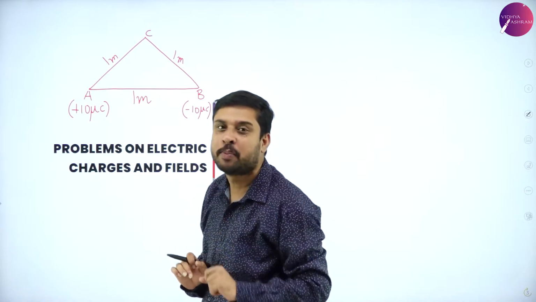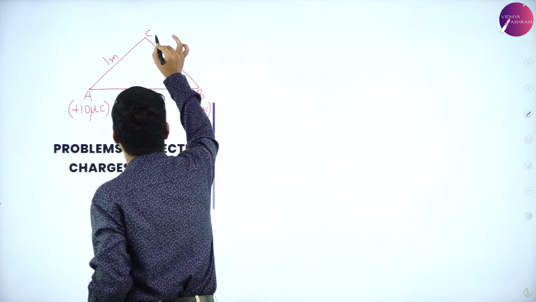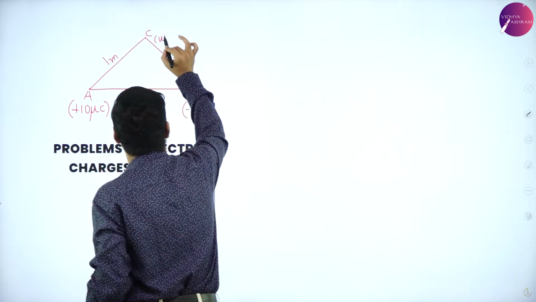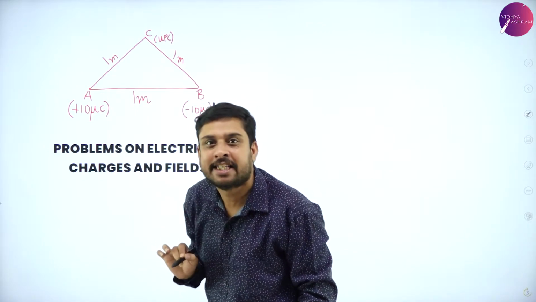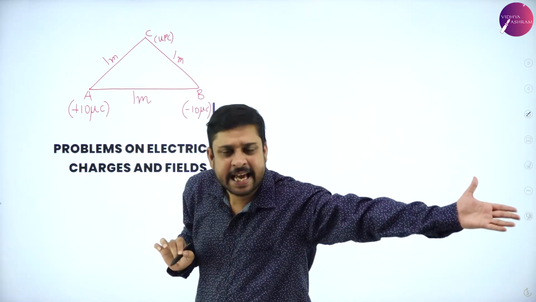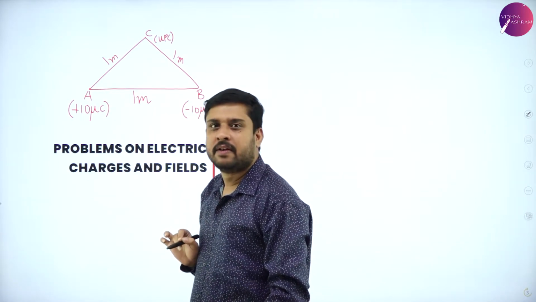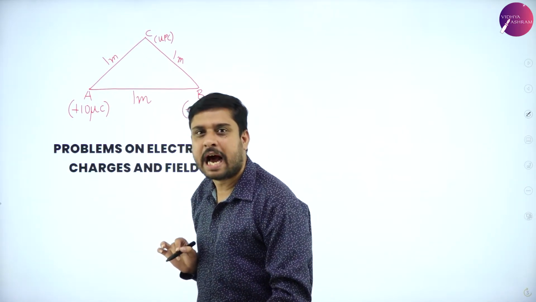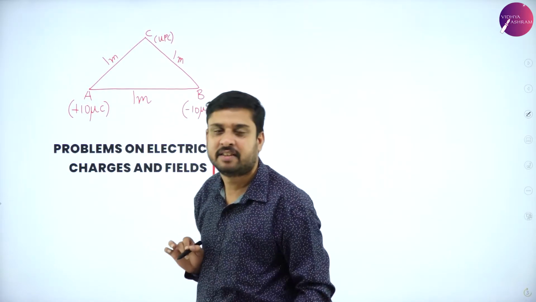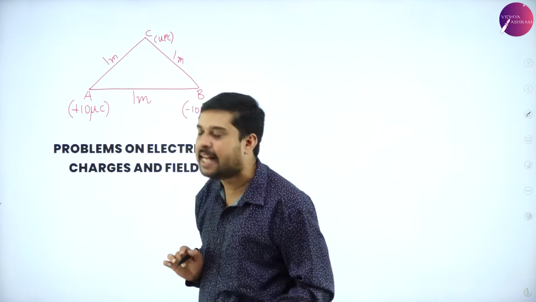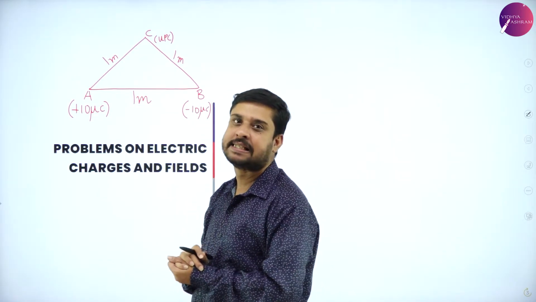So what has to be placed there? UPC, a unit positive charge, is placed at the point C, exactly as we did in our previous problem. Wherever we are calculating the electric field, testing the electric field, place a UPC.